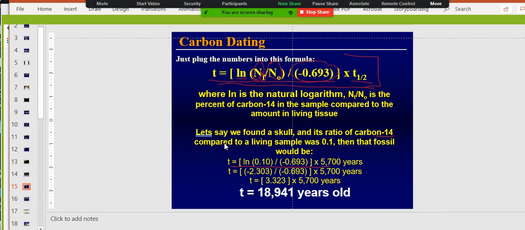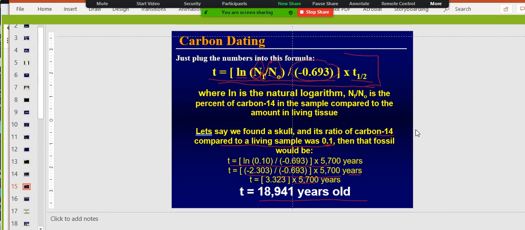The carbon-14 compared to living samples is 0.1. Then you could plug in these numbers and figure out that this thing is 18,941 years old. Again, you don't need to know this for the test. I'm just showing you this is how we can use these radioactive isotopes to date living things.